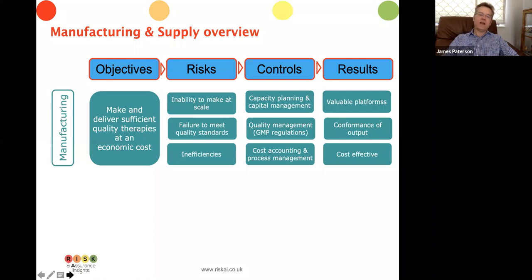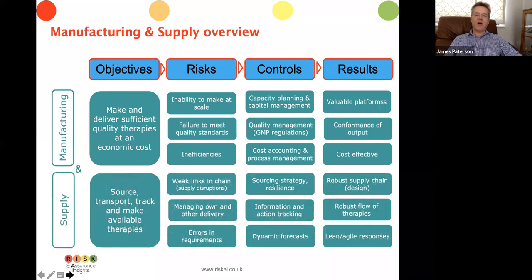So just moving quickly on to the supply side, and I recognize we need to speed this up a bit just to keep the videos to the right length. You can make stuff, but you've still got to take therapies all the way from places where this is being made, perhaps with very specialist skills, all the way through, perhaps across countries, and then something needs to be labelled in accordance with the laws and regulations of, let's say, France or Italy or Germany, and then provided.